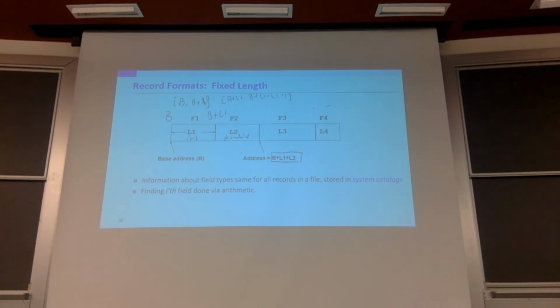Suppose your table is just int, double, int, and int. You know this one will be at B plus 0, this one at B plus 4, this one at B plus 12, and B plus 16. And the total length of this record will be 20.